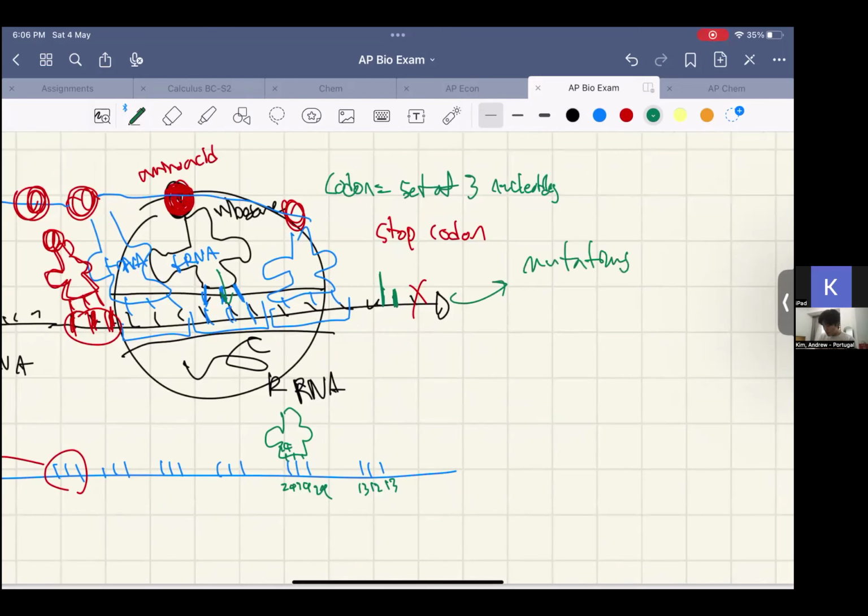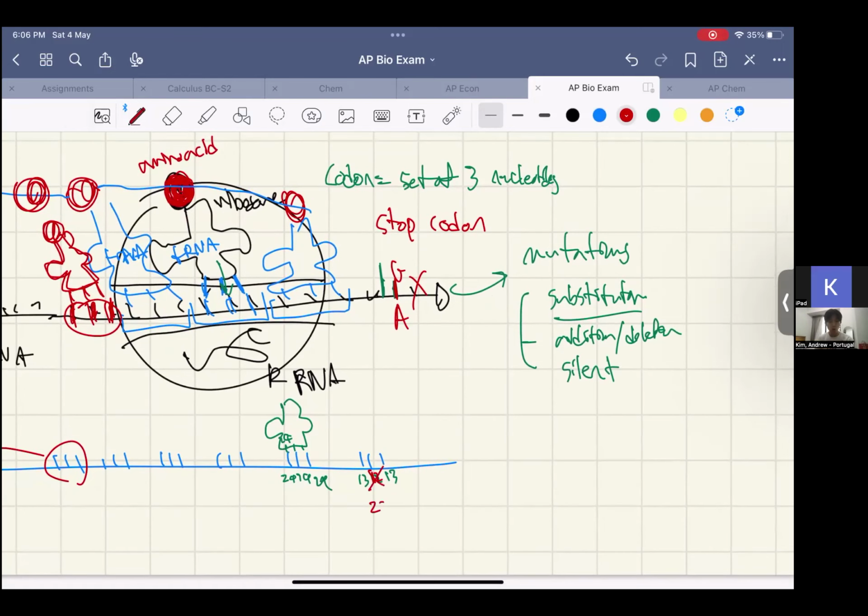And there are three big different types of mutations you would have to remember. First, substitution. Second, addition slash deletion. And last, silent. Now, substitution mutation is when one nucleotide is copied into a different wrong nucleotide. For example, it should have been copied as G, but instead it's copied as A. That's a wrong nucleotide. This should have been a 12-year-old girl over here, but oh my gosh, you put a 20-year-old girl over here.